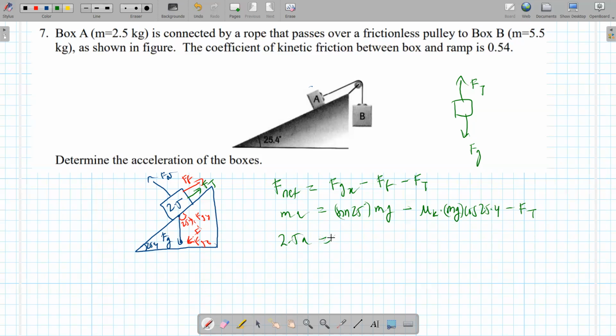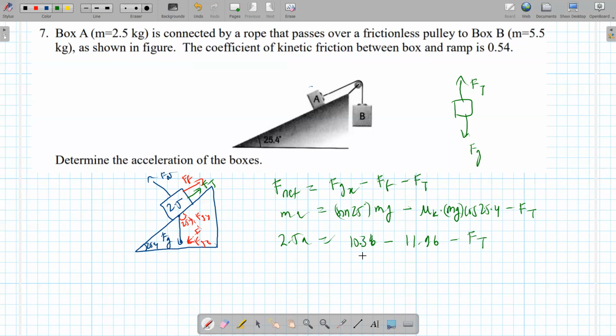Sine 25 times mg is sine 25 times 9.81 times 2.5, so that's going to be 10.36, minus mu K, which is 0.54, times mg times cosine of 25.4. That's going to give me 11.96 minus FT, like that.